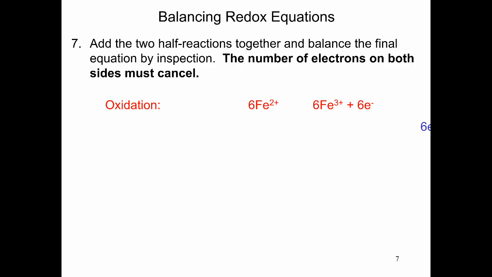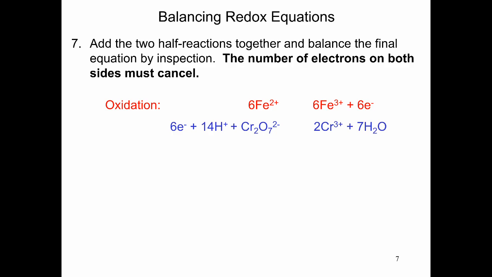It's easier to just separate the oxidation and reduction equations first and balance everything before we synthesize them into a single redox equation. So on the oxidation side, we have 6 Fe2+ to become 6 Fe3+ plus the 6 electrons it lost.